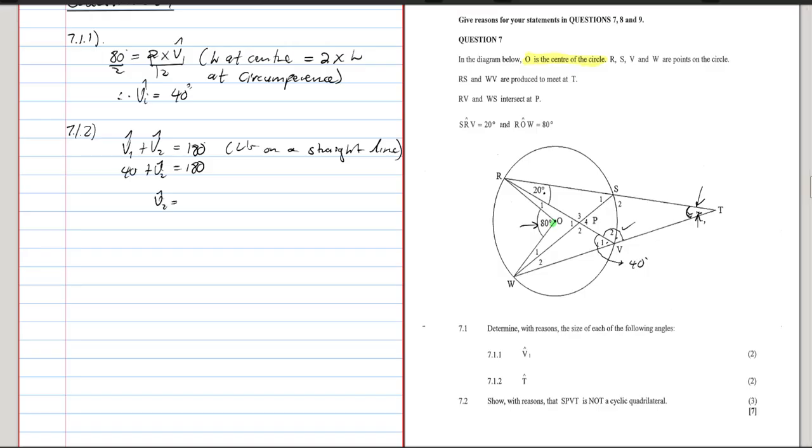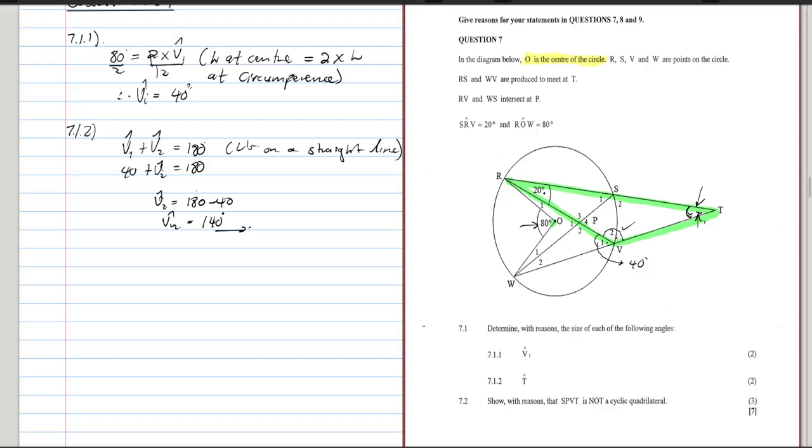Therefore V2 equals 180 minus 40, which is 140 degrees. That's the answer we got for V2. Now we're going to use the sum of angles in a triangle, in this triangle in particular, the RVT triangle, to work out the angle for T.